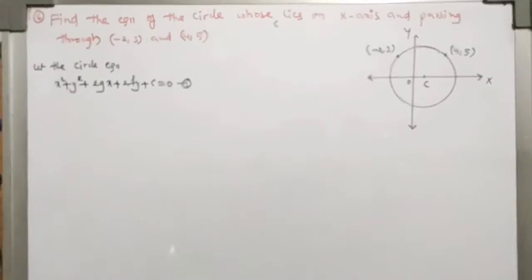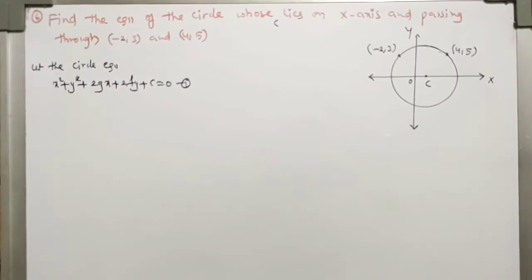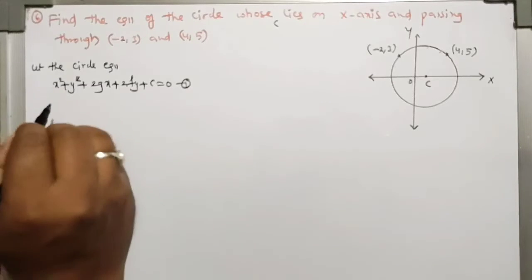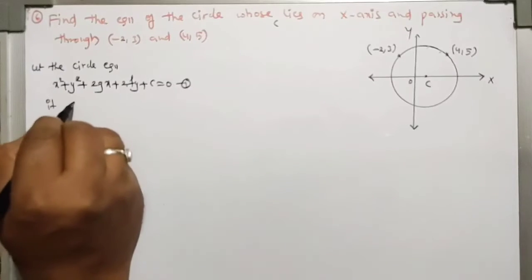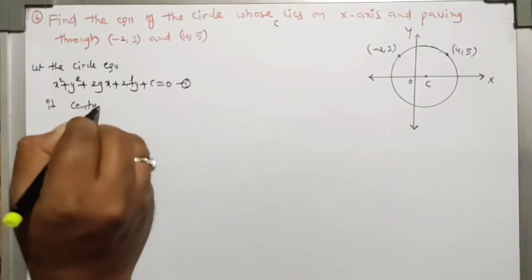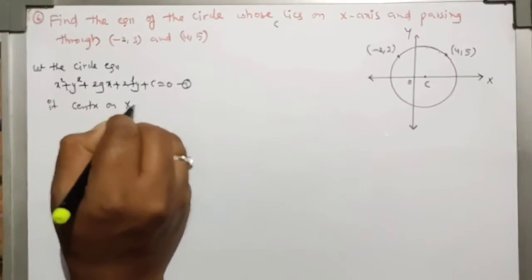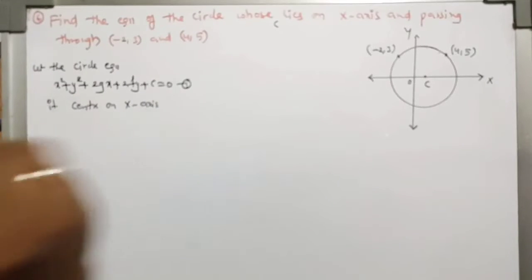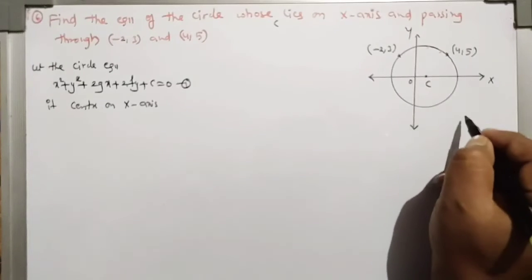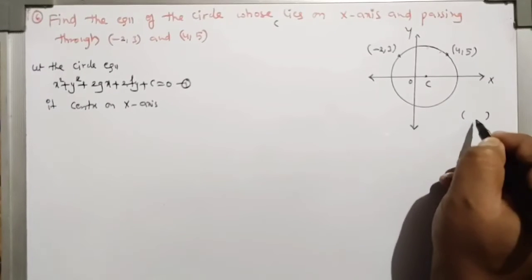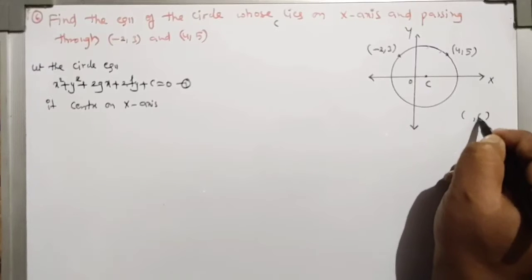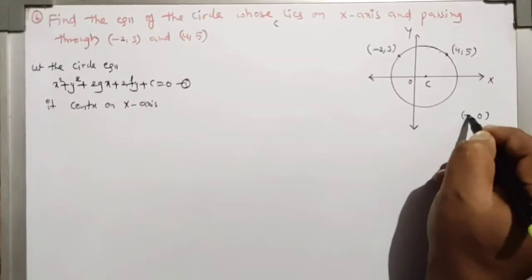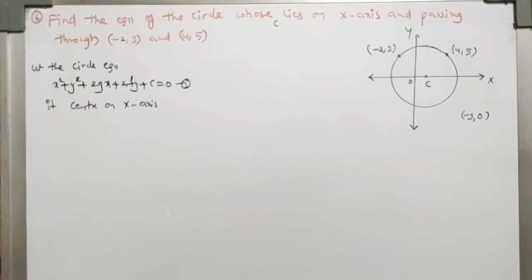If you observe here, the circle has its center on the x-axis. On the x-axis, the y value is always 0. Therefore minus g comma 0 is the center.